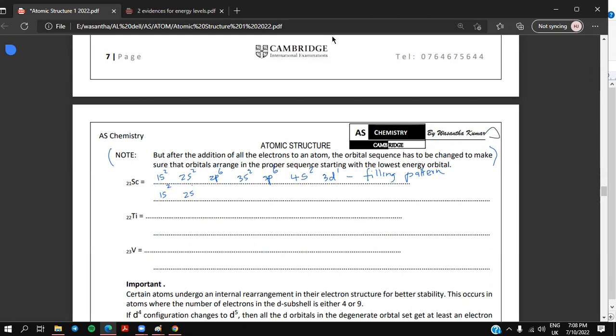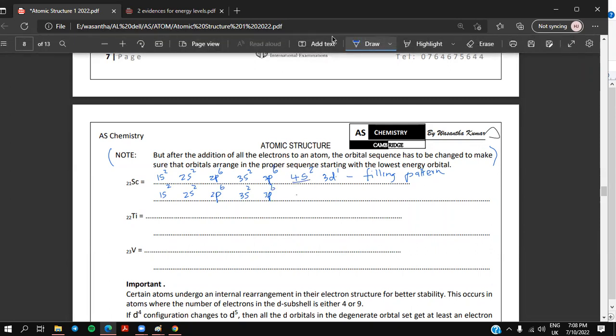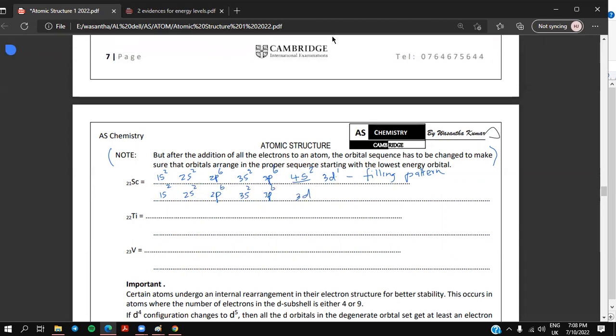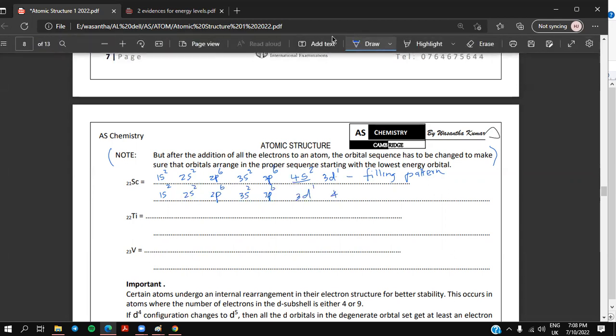1s2, 2s2, 2p6, 3s2, 3p6. Don't write 4s, write 3d. 3d1, 4s2.